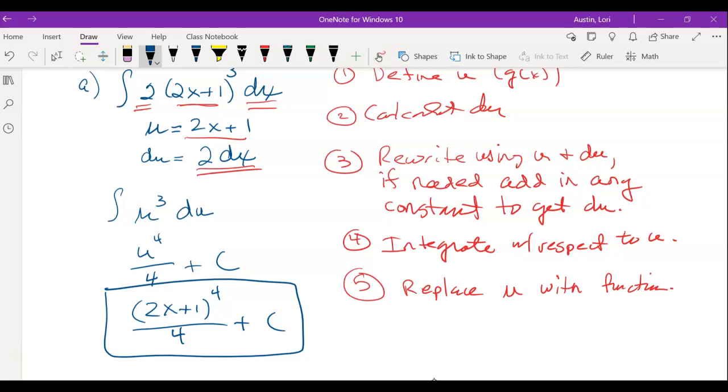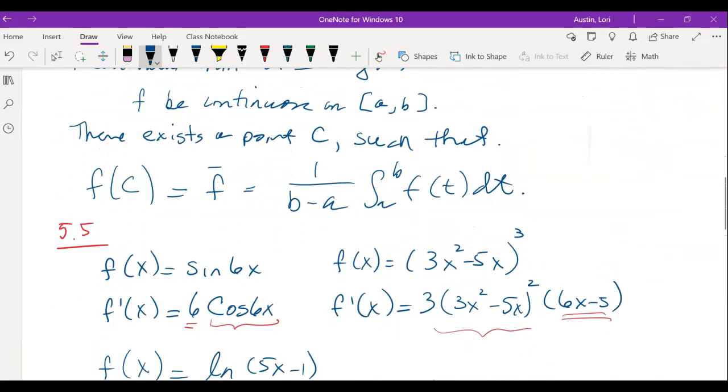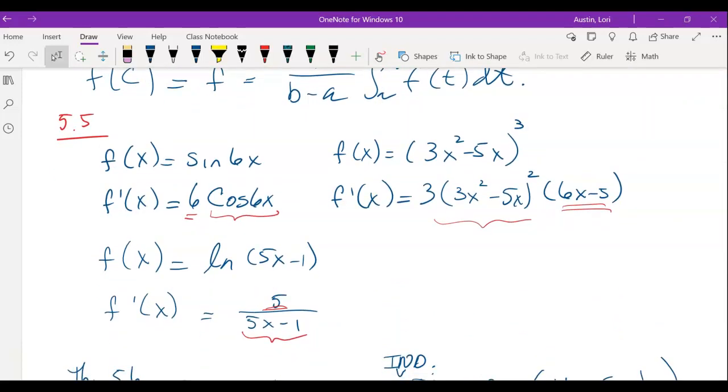Becomes u to the fourth. Let me do this. Go back to derivatives. That's why I started this way. Do you have a 6 sticking out? No. So keep in mind, what we really did, and I'll write on the board, is we now said, hey, these things don't work.